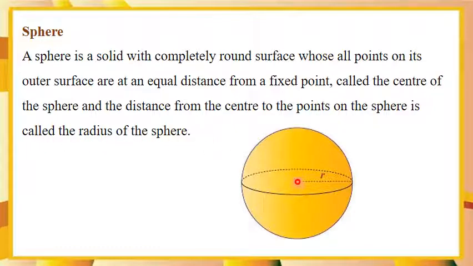As you are observing, this is the center of the sphere, and the distances from this point to any point on the surface of the sphere are equal and they are called the radius. Similarly, all the radii are equal in measure.